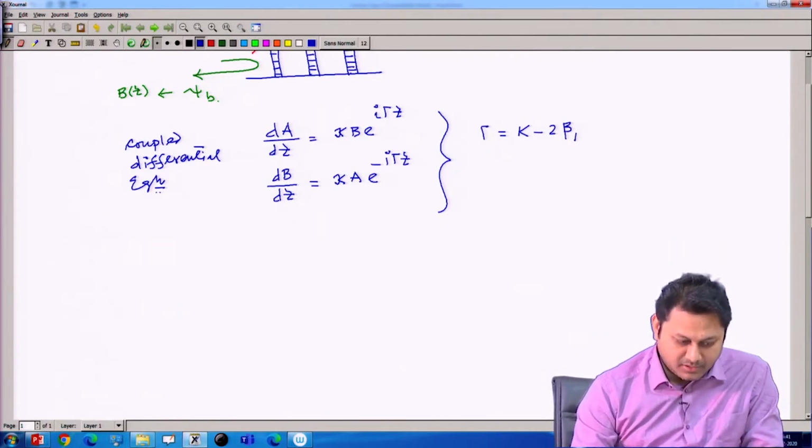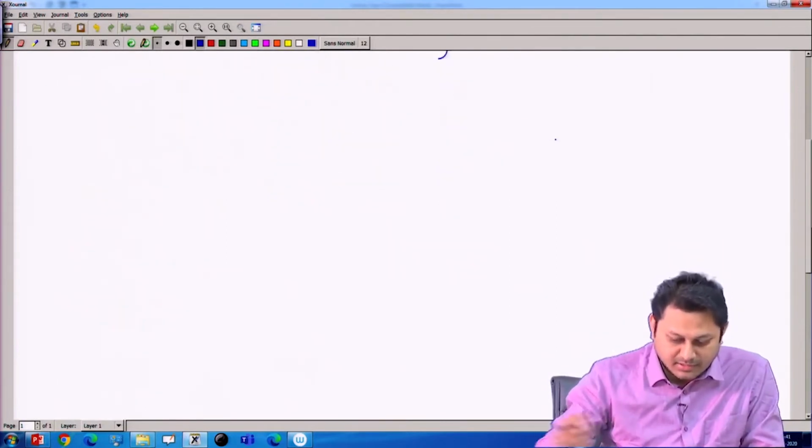All the definitions are already mentioned in earlier classes.